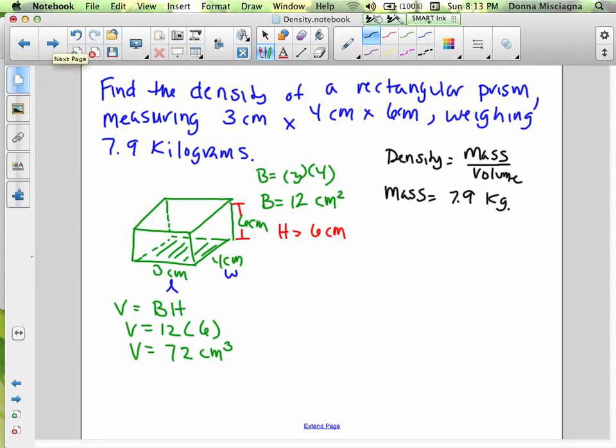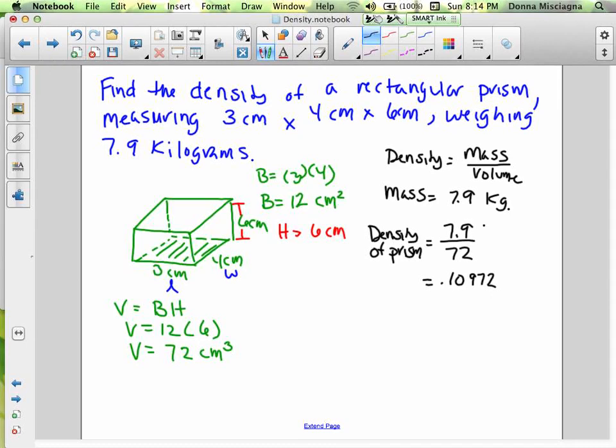So that means that the density of the prism will be 7.9 divided by 72, which is 0.10972 kilograms per centimeters cubed.